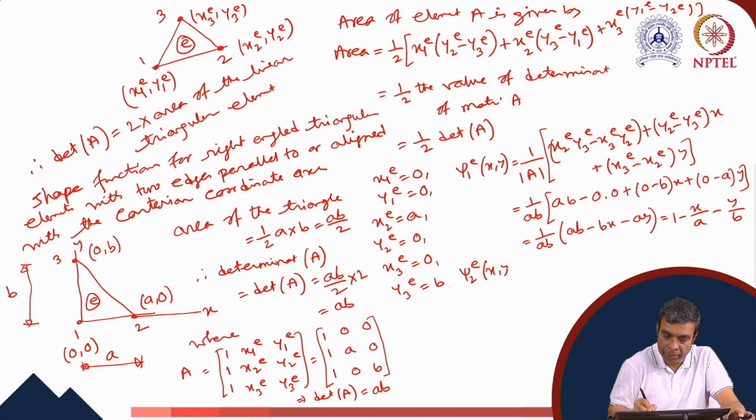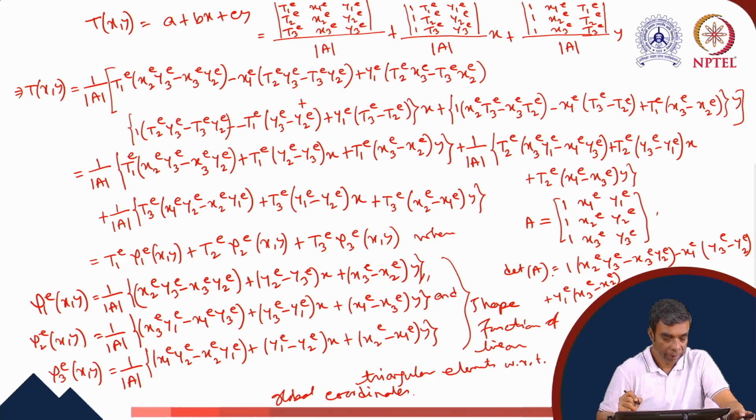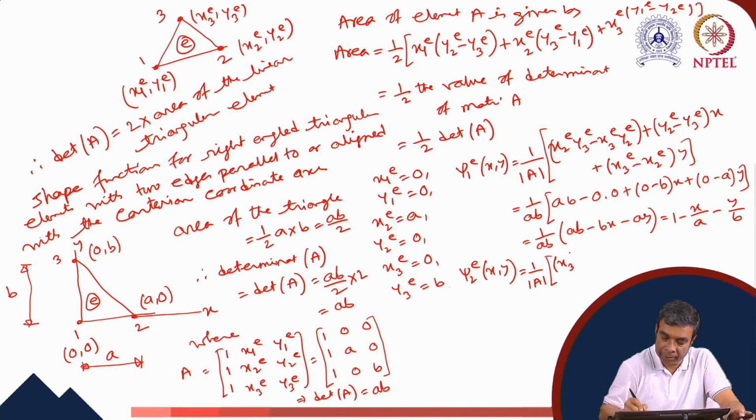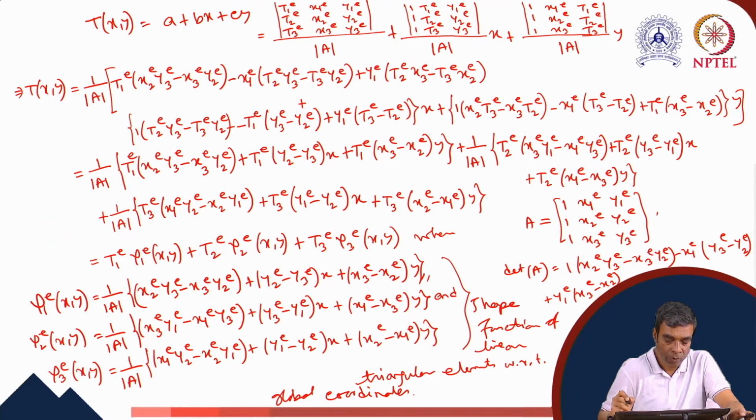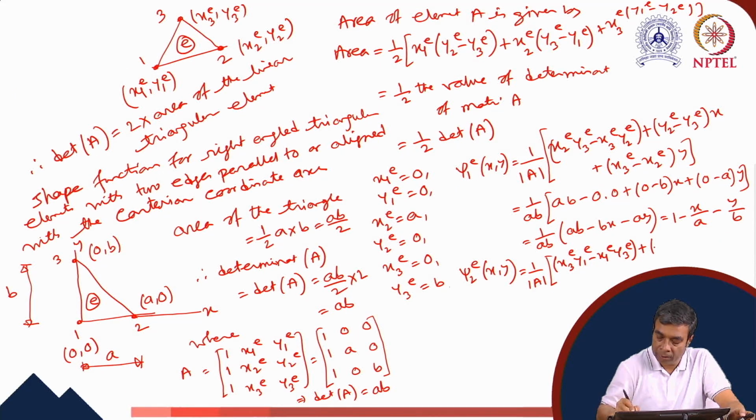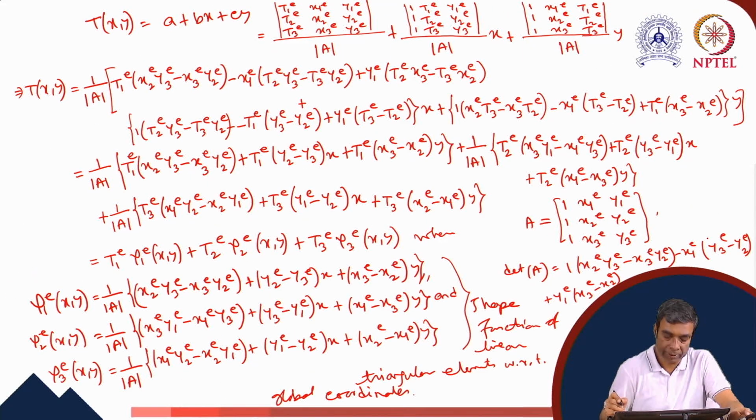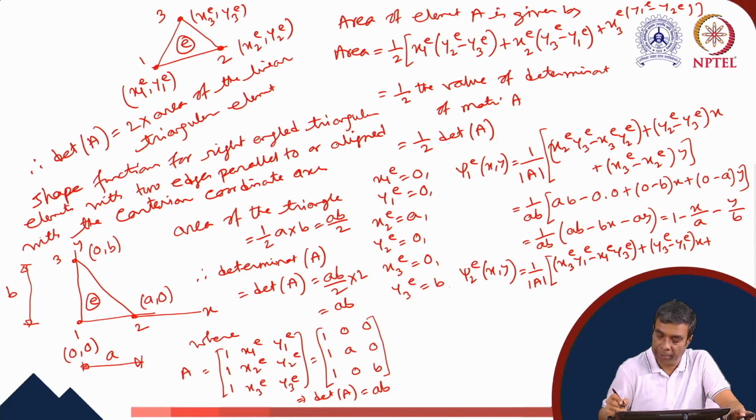Now we can have the expression for the second shape function. Psi 2e of x, y equals 1 by determinant of A into x3e y1e minus x1e y3e, plus y3e minus y1e into x, plus x1e minus x3e into y.